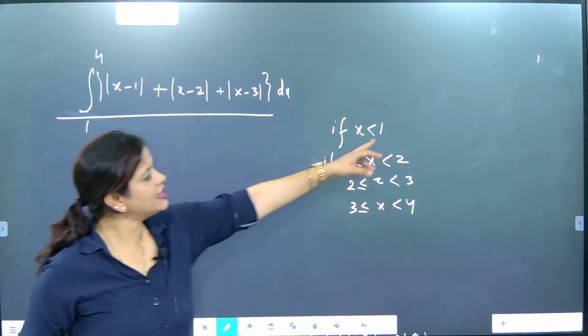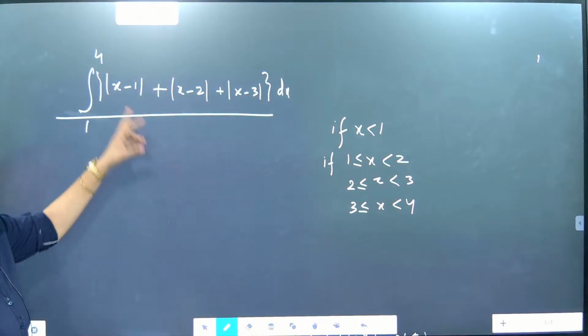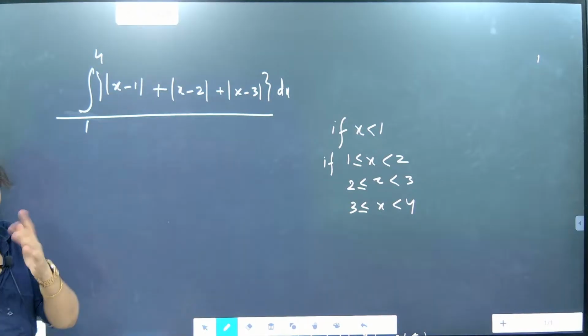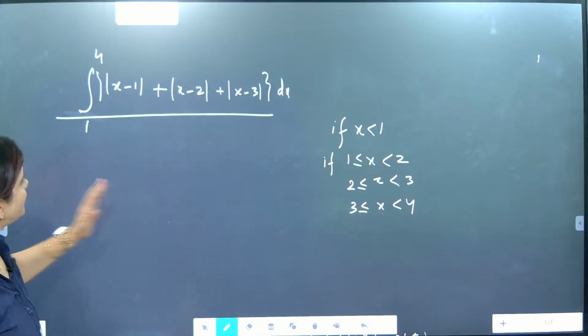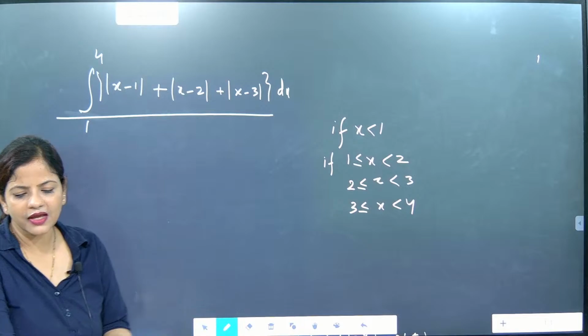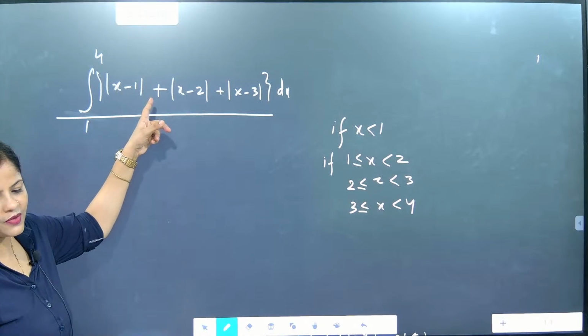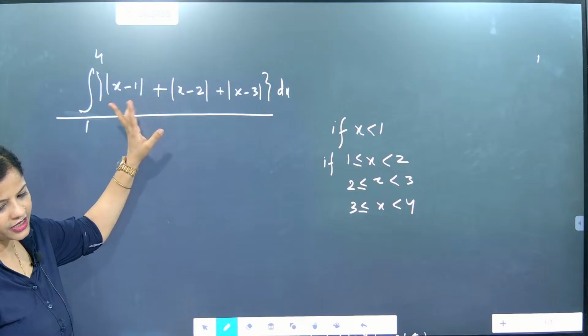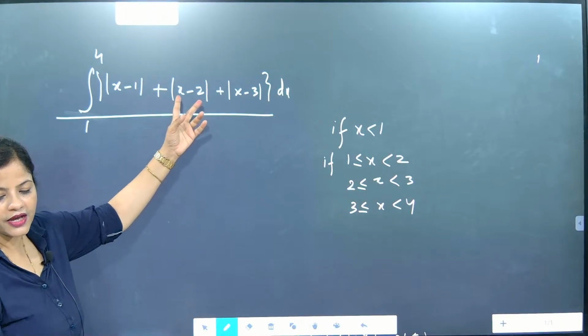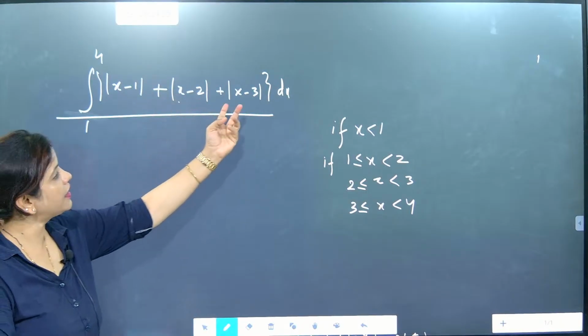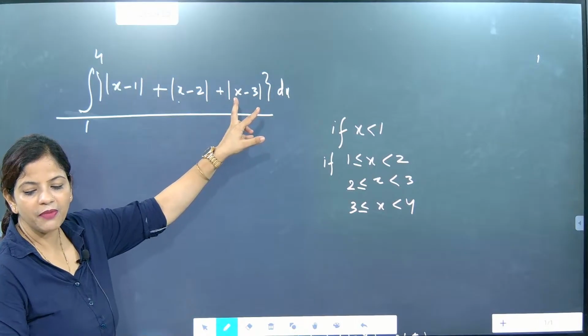Now in this part, when we are assigning intervals, you just check one very important thing. When you take x less than 1, we can take the value 0. When you put 0 here, 0 minus 1 means the inside of the modulus is negative. Again 0 minus 2, inside is negative. Again 0 minus 3, inside is negative.